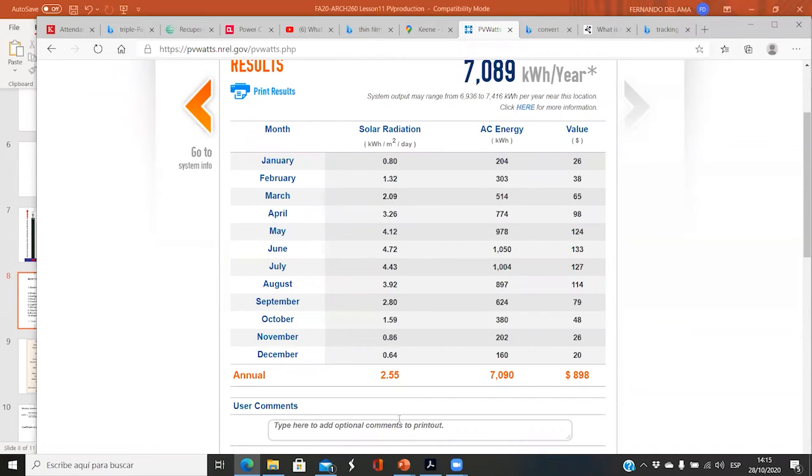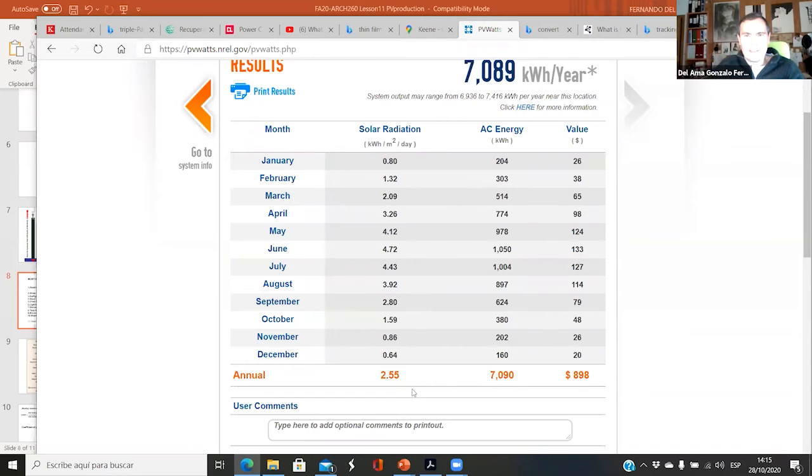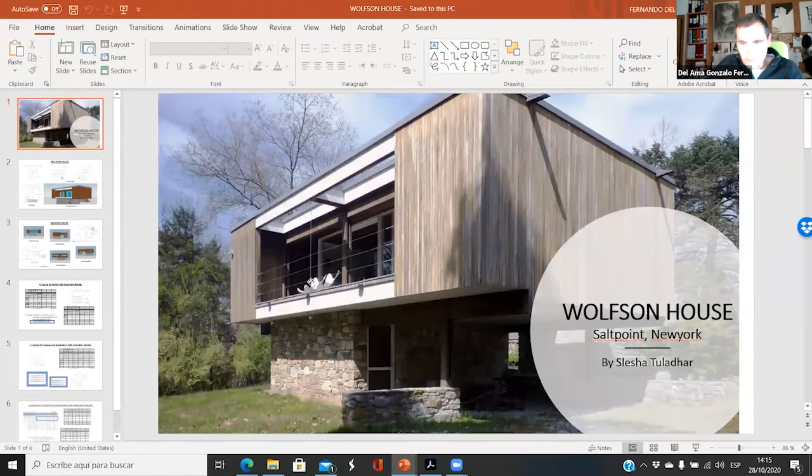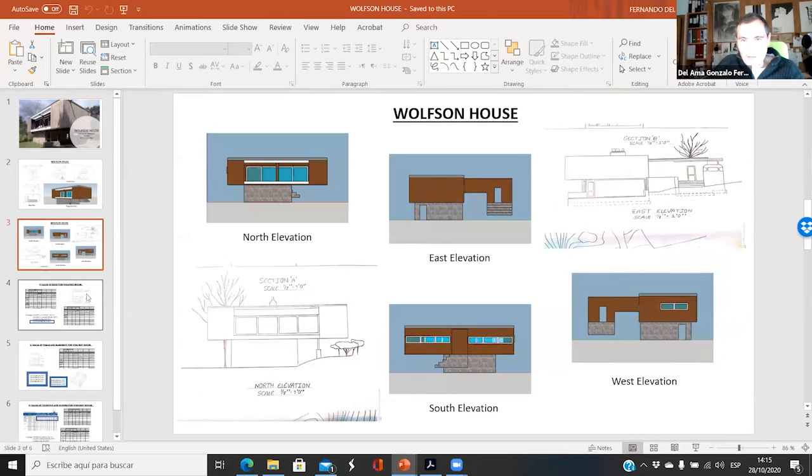What do we do if our roof is flat? Yeah, what do we do if the roof is flat? That's a good question. So we have the other house here, the Wolfson house. Okay, this is a flat roof house.